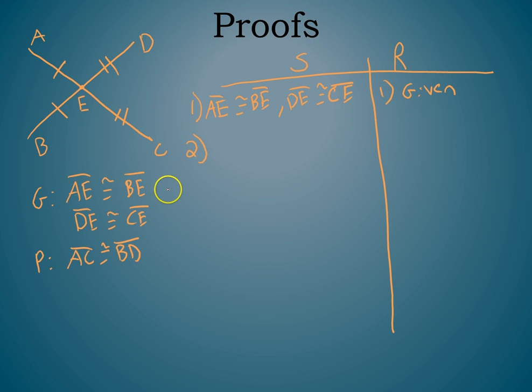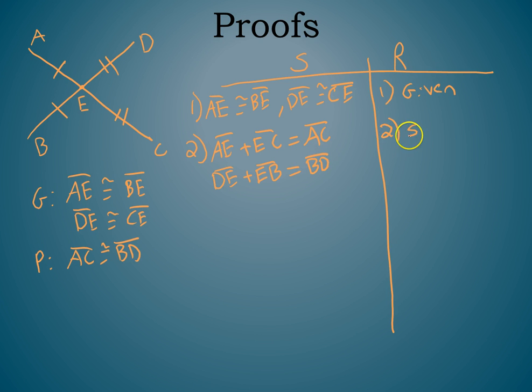Now, we need to find some way to bring AC and BD into this problem and relate it to the given statements. Well, AC is made up of two smaller pieces, AE and EC. So I can say AE plus EC equals AC. The same logic can tell me that DE plus EB equals BD.